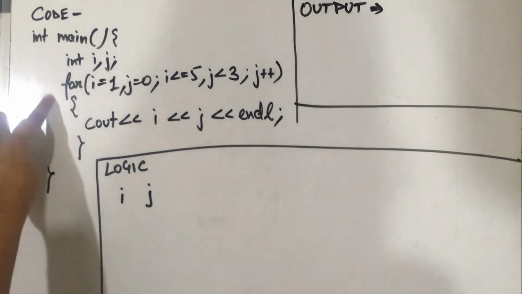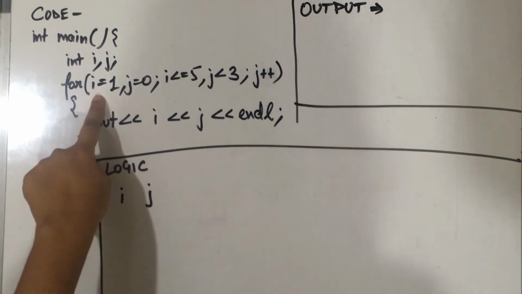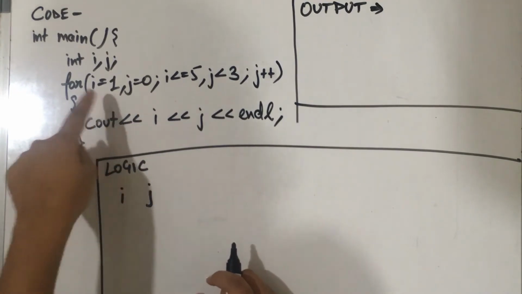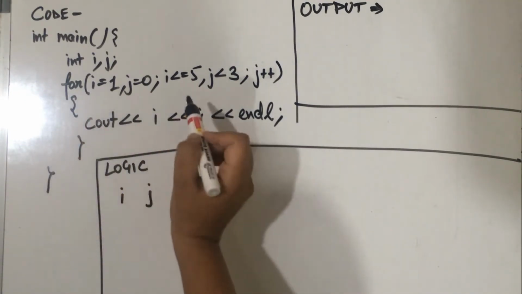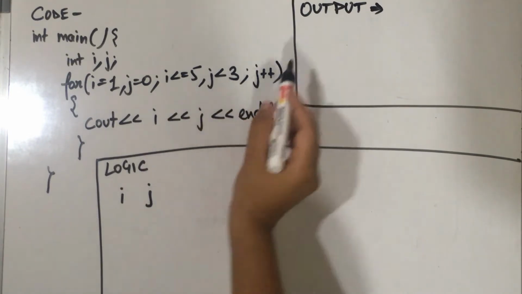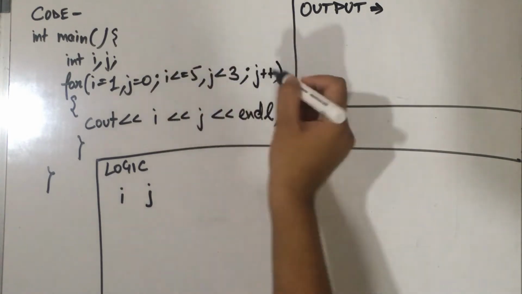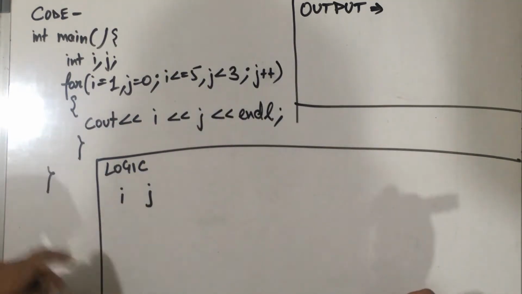We have one for loop that I can see, where i is initialized to 1. In a for loop, the first part is initialization, the second part is condition, the parts are differentiated by a semicolon, and the third part is increment. In a for loop, the first thing we do is initialization.